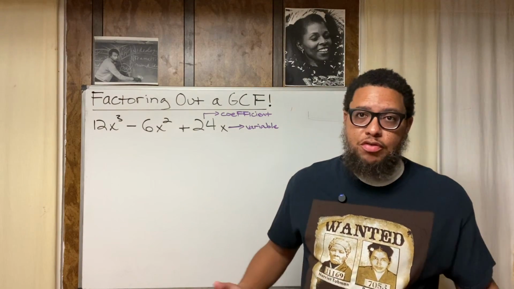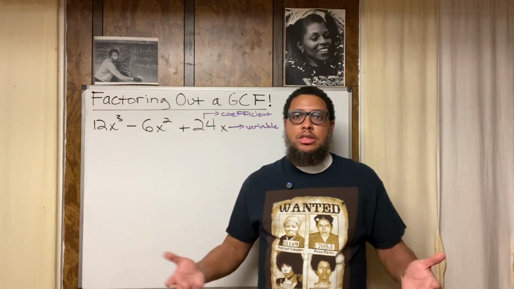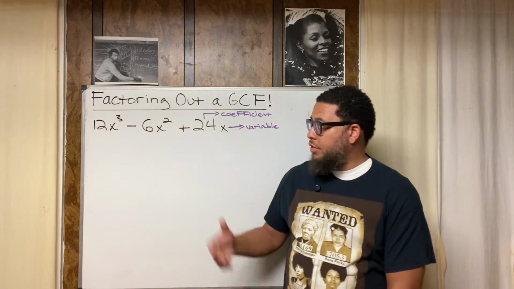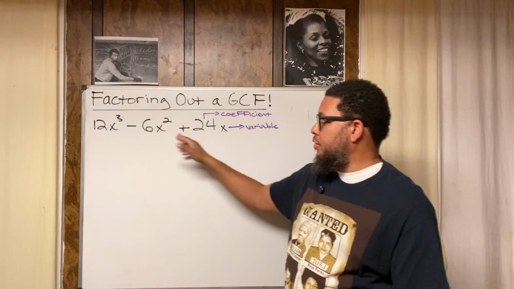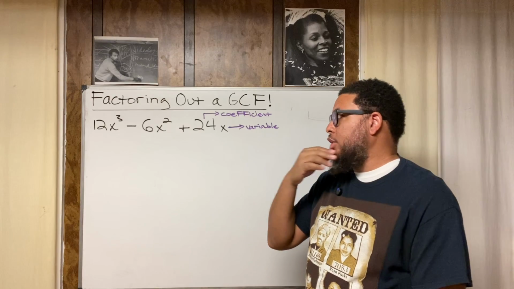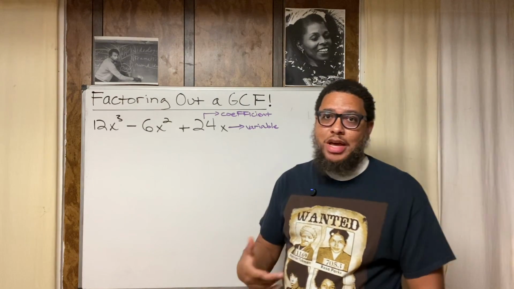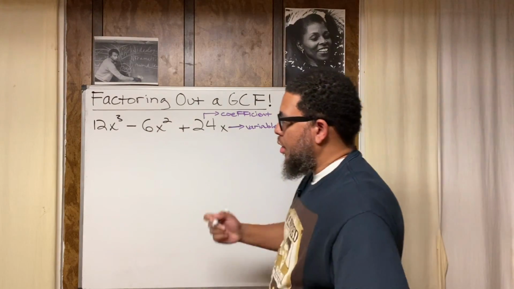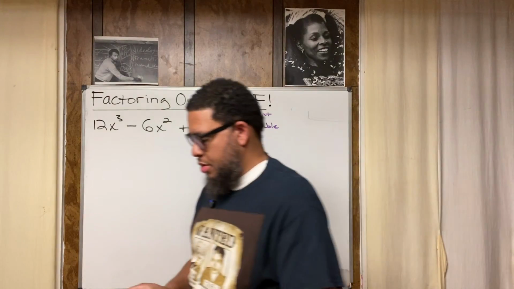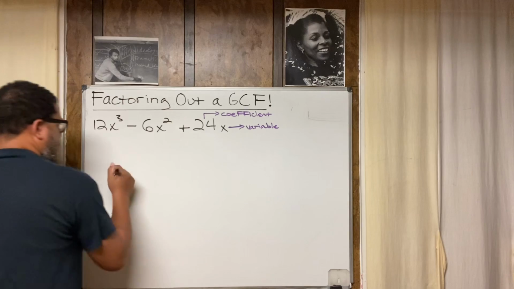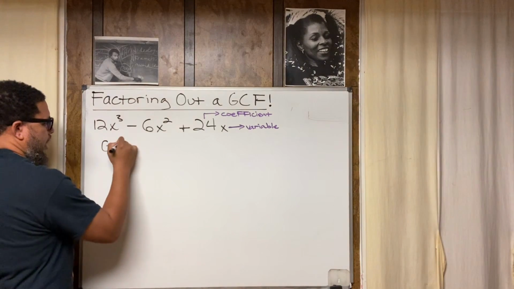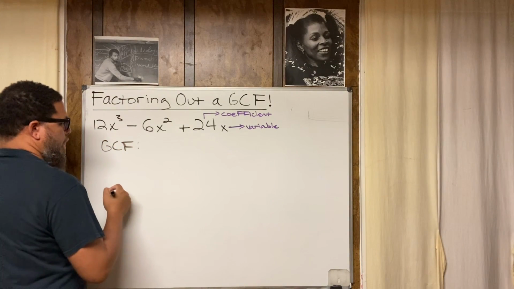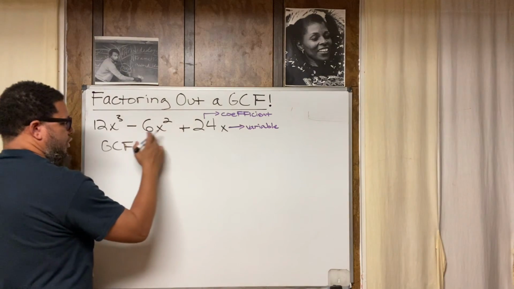And if you got your division facts memorized, then it should be an easier process to find a GCF of these three numbers out of 12, -6, and 24. So out of 12, -6, and 24, the greatest common factor is 6. So what I like to do when I do these problems is I just write the GCF off to the side somewhere. So I just write GCF, and then out of 12, -6, and 24.